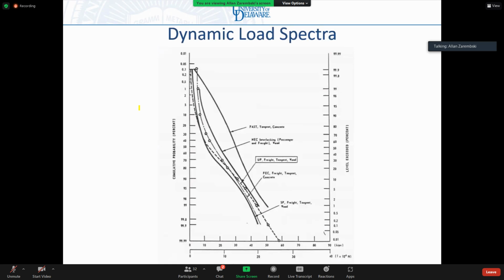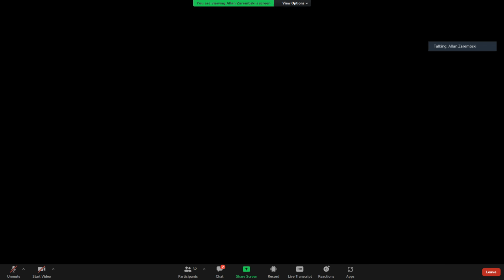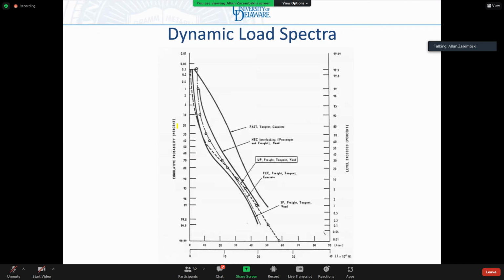So when we're dealing with fatigue, it's very important to know the distribution of loading. So if I go out and actually measure the real life load, the distribution of loading becomes really, really critical. If you remember, this was a cumulative probability versus different types of traffic as a function of dynamic load.